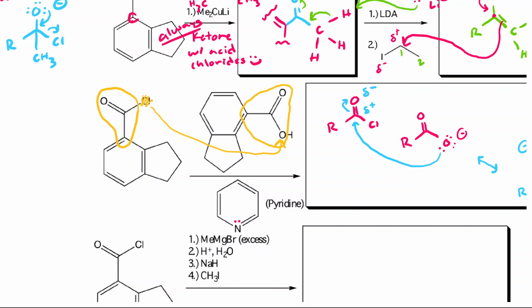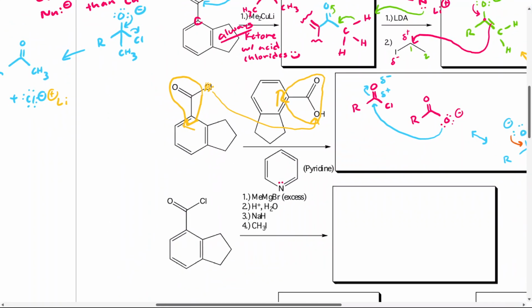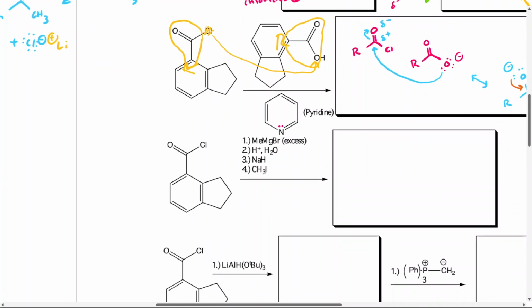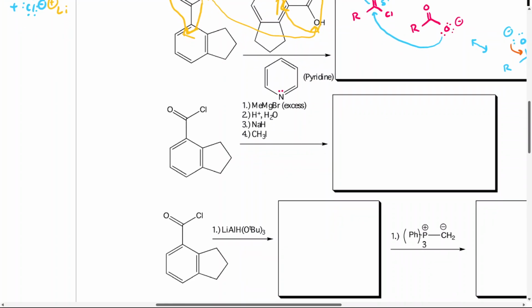And then you have the rest of the R group here. That's a really fast way to do this. So for our next reaction, we have the vinyl followed by H aqueous for the workup.